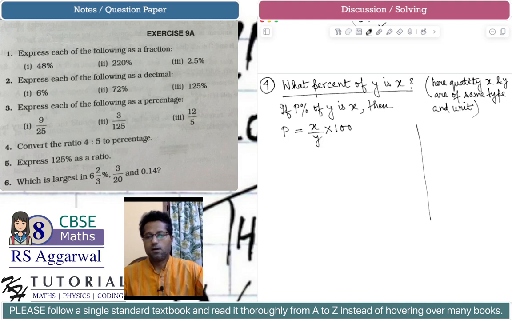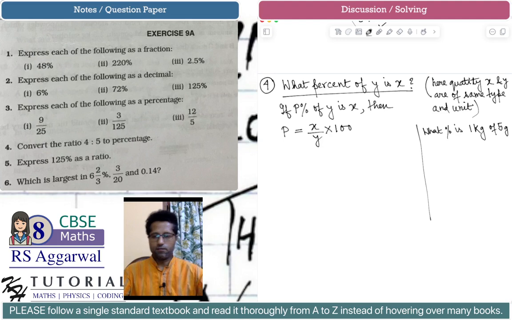Also, let's say these are some incorrect computations to find. Let's say you are asked what percentage is 1 kg of 5 gram.